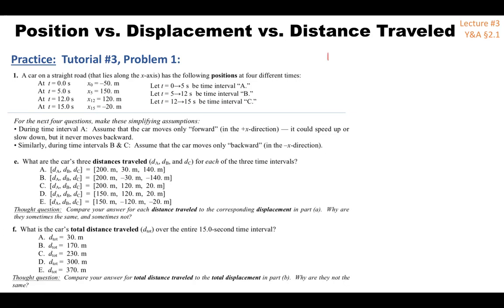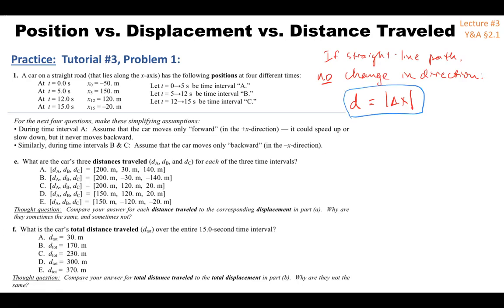If we have a straight line path and no change in direction, then the distance traveled is just the magnitude or absolute value of the displacement during that time interval. So we can use that expression right there.